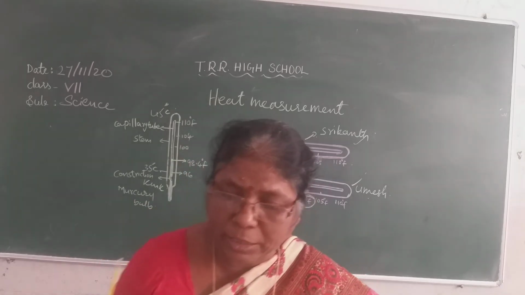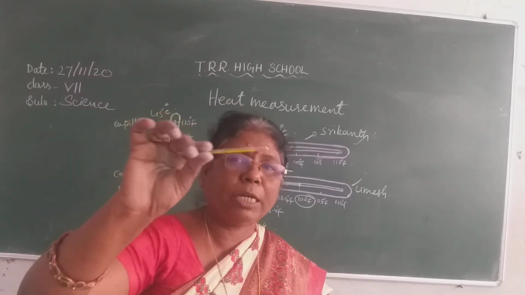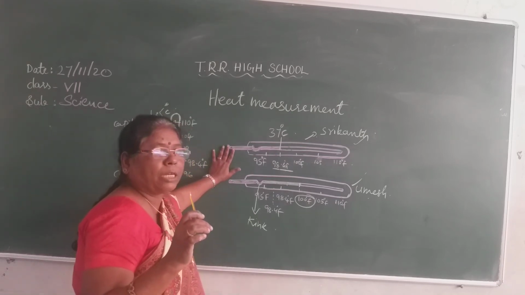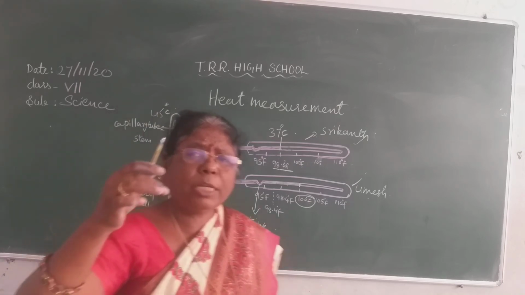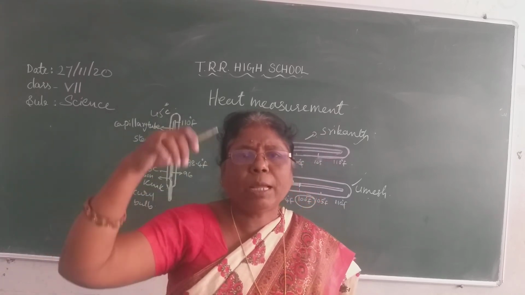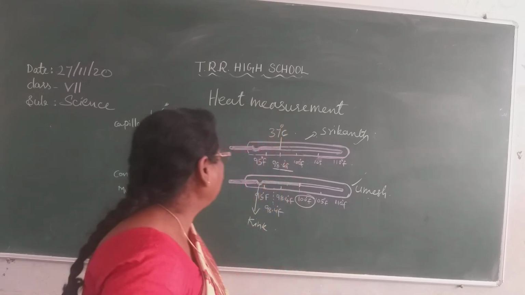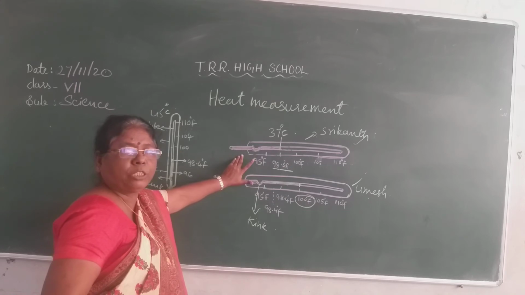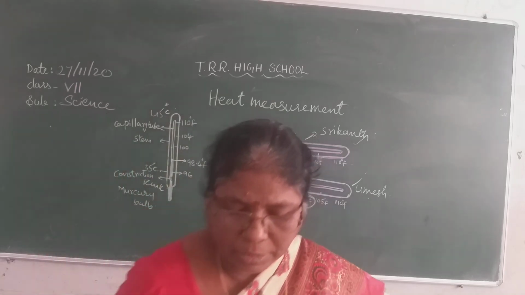This is what you call a thermometer. There are two scales, the Fahrenheit scale and the Celsius scale. Before using it on the body, we have to give a jerk to the thermometer so that it gets to the normal position. Then only you can find out the temperature.